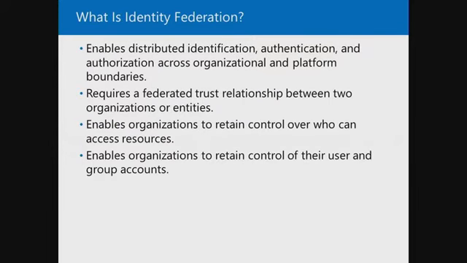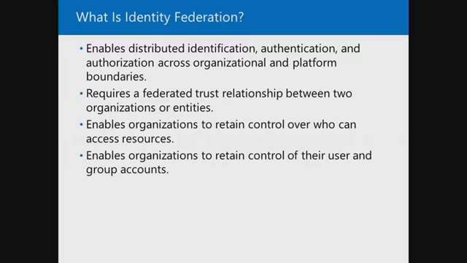With Identity Federation, very simply, it's a matter of having some way of distributed identification of individual users for the purposes of authentication. I mean, if you think about it, I don't necessarily want to grant access to my Active Directory to every person that I'm having a business relationship with for the purposes of authenticating my users to their database, as an example.